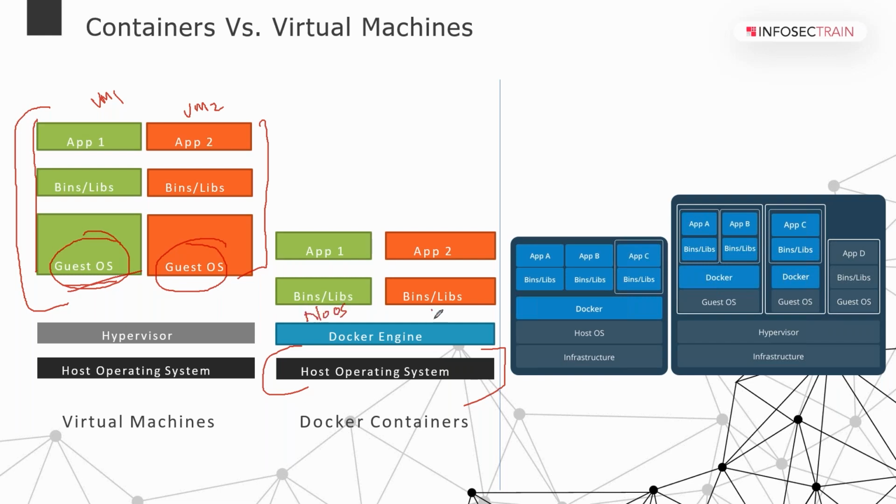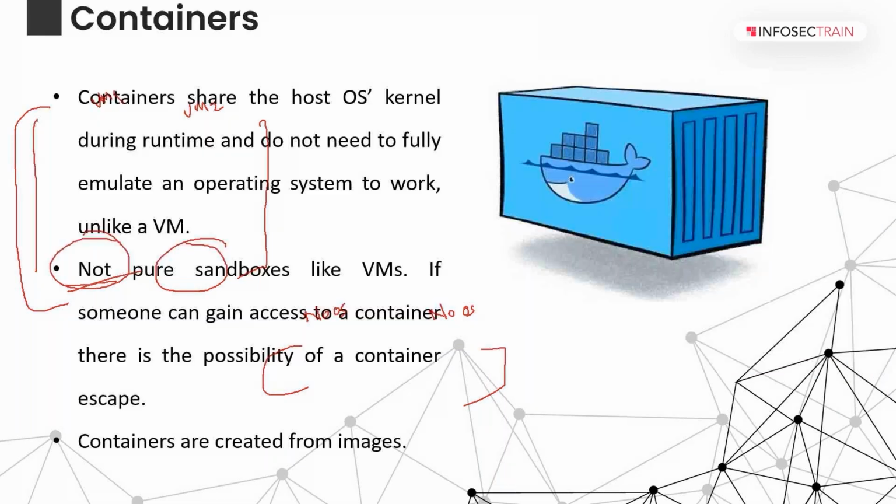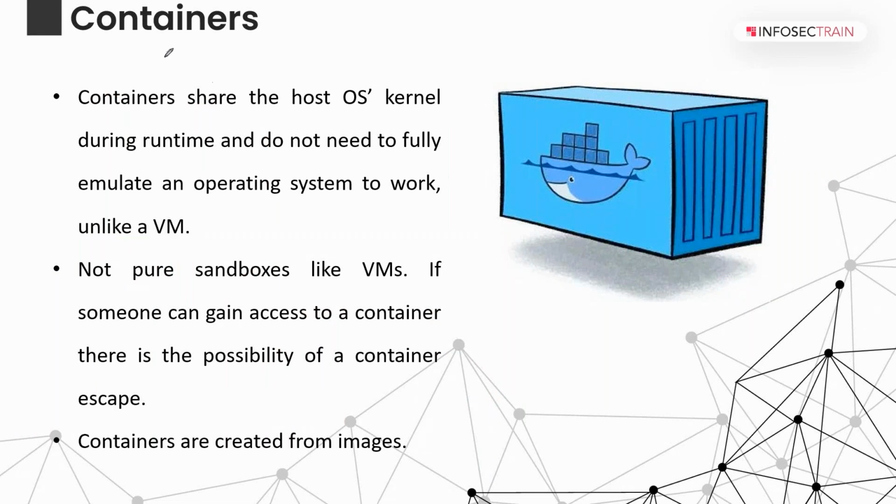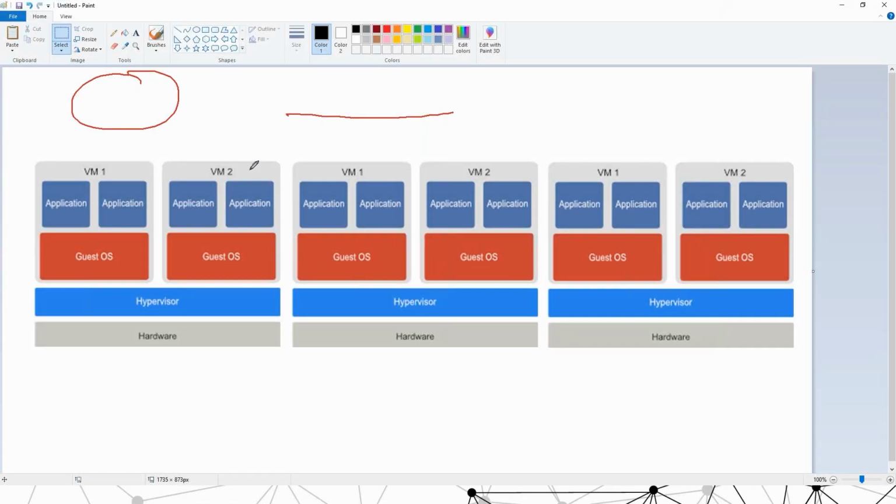No OS on the containers. Now the question: Krish, if there is no OS in the containers, then how does it work? That is the best part. The containers don't have any OS, so they use the host OS kernel. That means the container is just standing on top of it. I'll show you that, team.